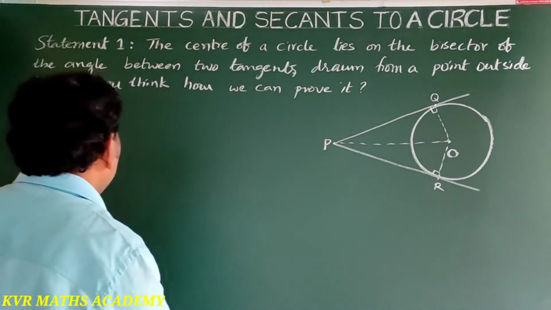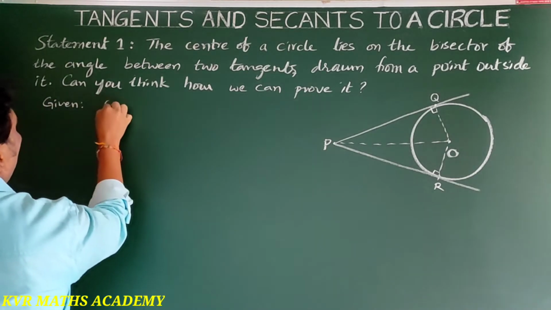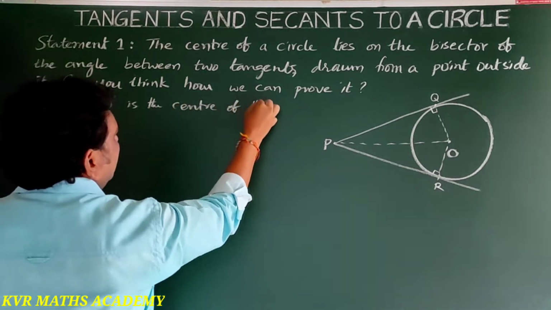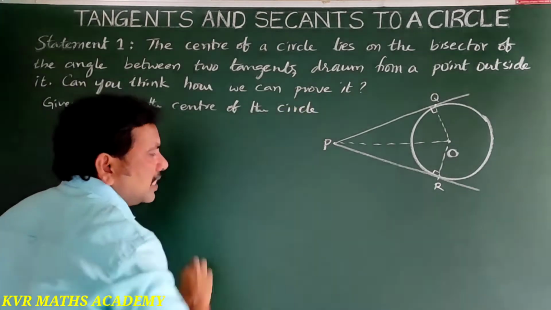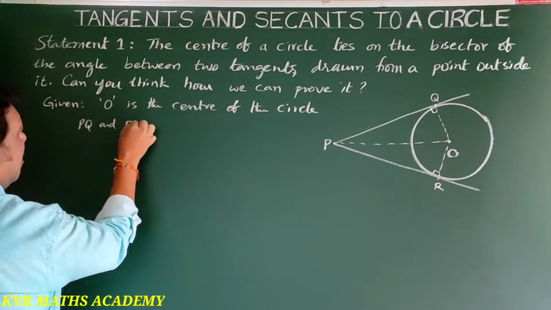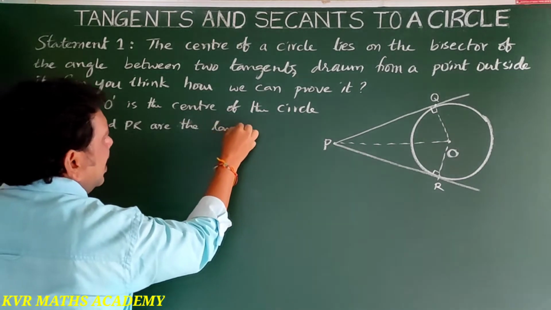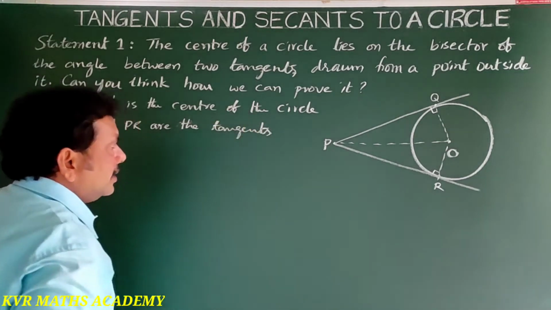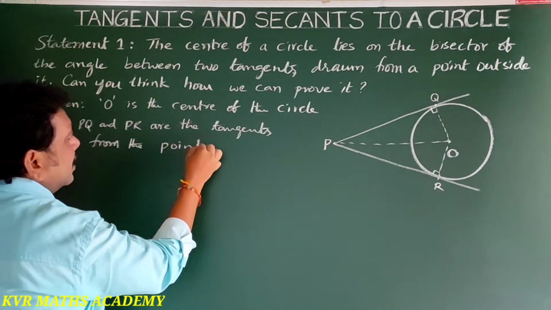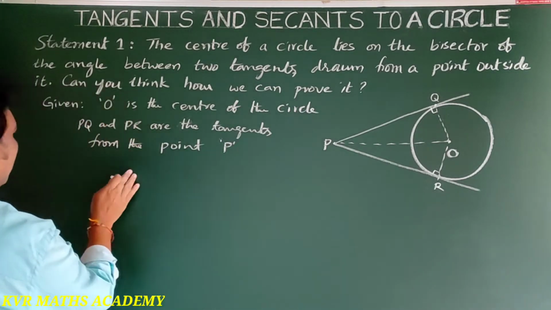First write down what is given. Given: O is the center of the circle. PQ and PR are the tangents from the point P. Next, what will you do now?